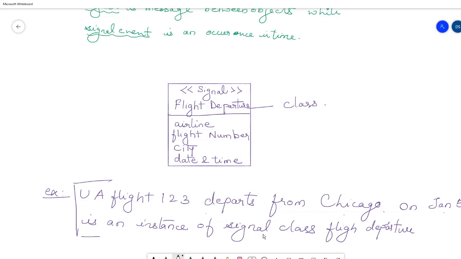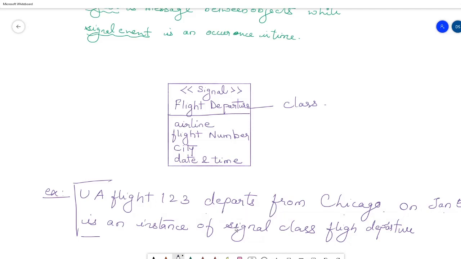We don't know further information, how many passengers there were, which city it flew to, at what time it landed. We just had the information that takeoff took place at that particular time, date, or from that city. So that is called a signal event.